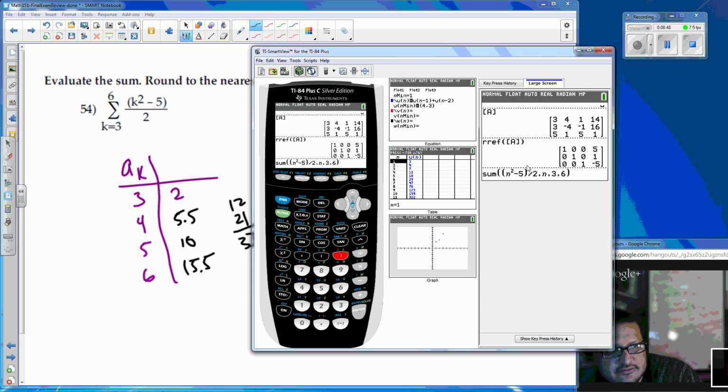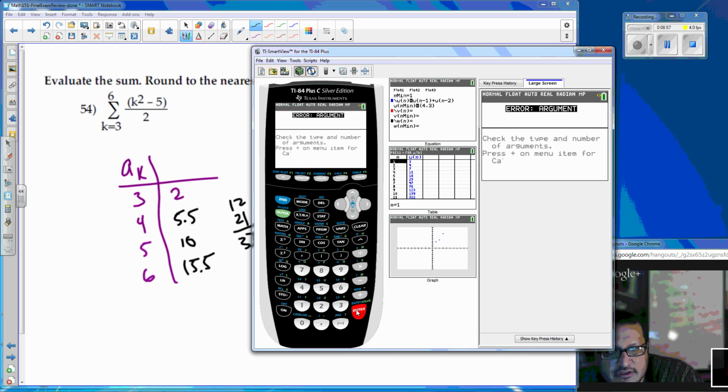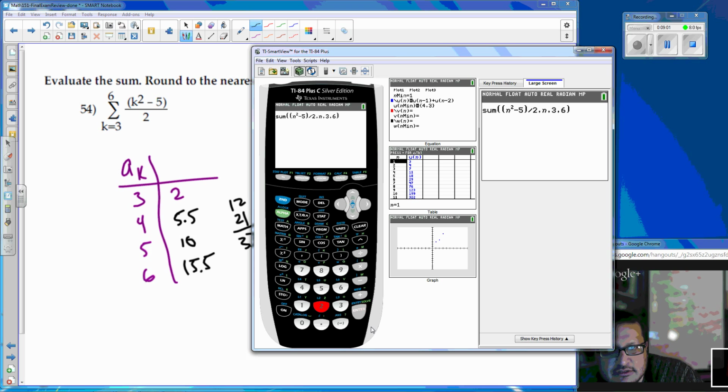So this is the function, the variable, starting, ending. And there's another thing you can use there, it's a skip, but we're not going to use that for now. And of course I did it wrong. I guess it needs a skip, so the skip is going to be 1. We're just going to go up by 1 each time.